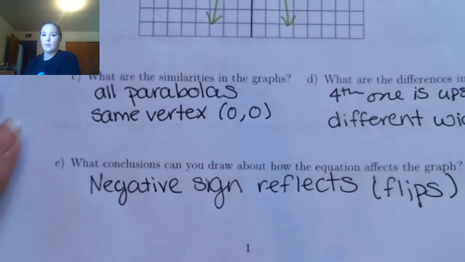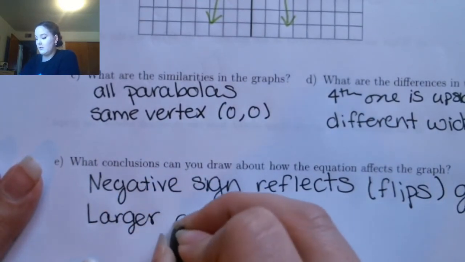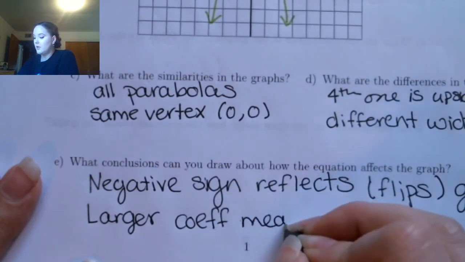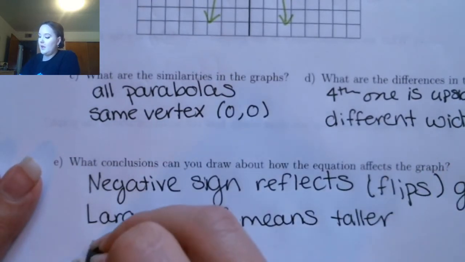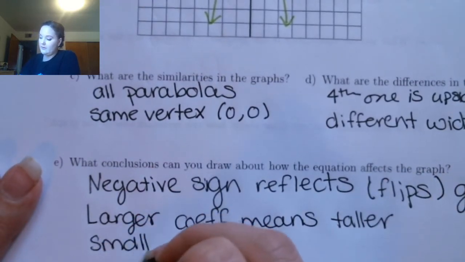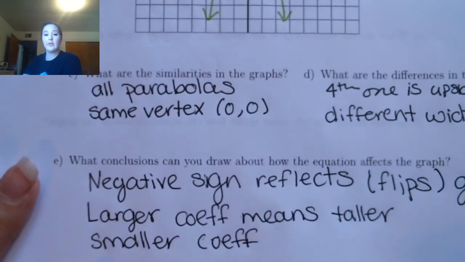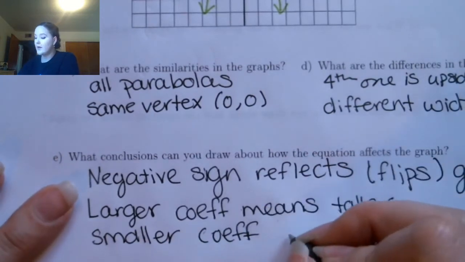So we would say that a larger coefficient means taller and thinner, and a small coefficient, like 1/2, is going to make it wider or shorter.